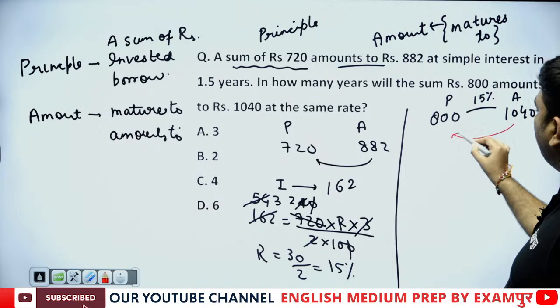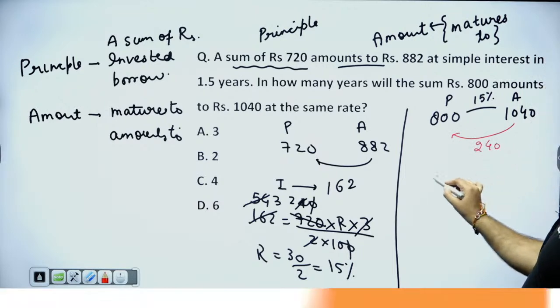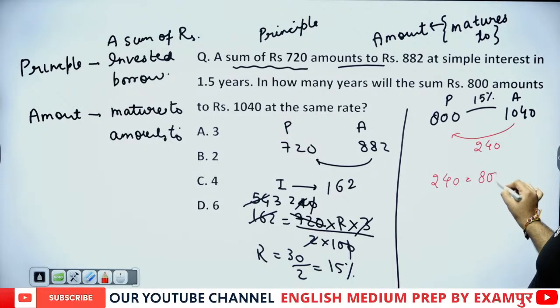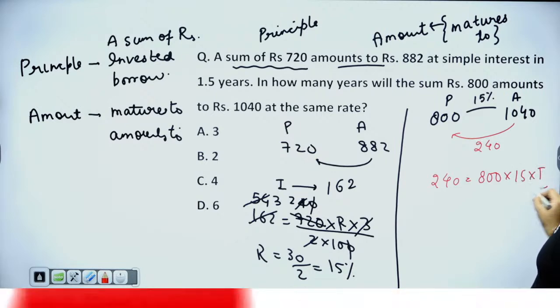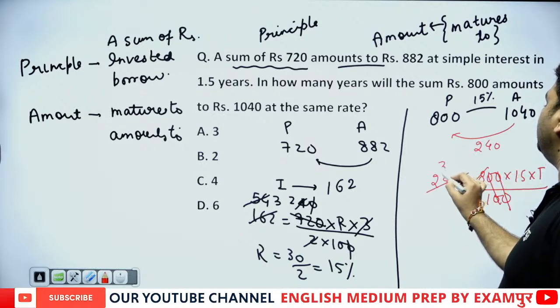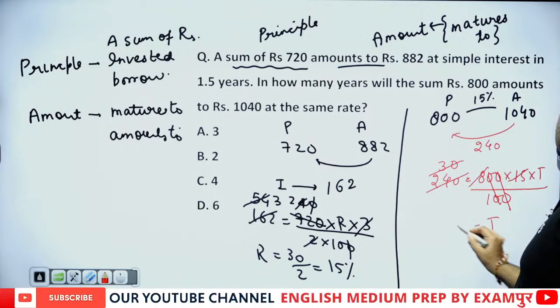The interest is amount minus principal, 240. 240 interest, principal of 800, rate of 15, time they are asking, divide by 100. 8 3s are 24. 15 2s are 30. So time is 2 years.